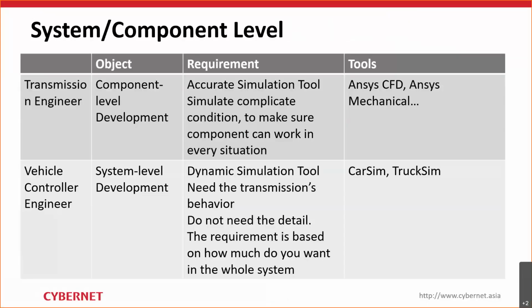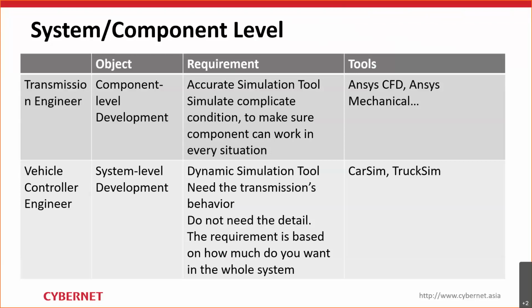So here is a comparison between system level and component level. For a transmission engineer, the object is component level development. The tools for component level design need to have accurate simulation results for complicated conditions. CAE tools like ANSYS Mechanical are suggested. However, for a vehicle controller engineer, the object is system-level development.